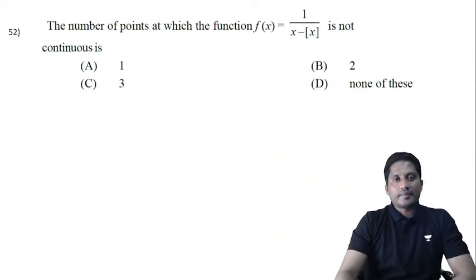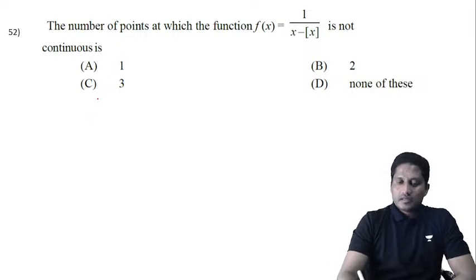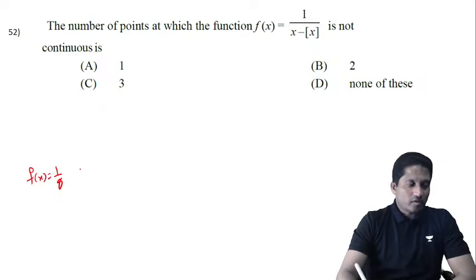Question number 52. Number of points at which the function is not continuous. What will be the answer, guys? Function is not continuous at which option? See, whenever you have f of x is equal to 1 by g, the denominator should not be 0, right?